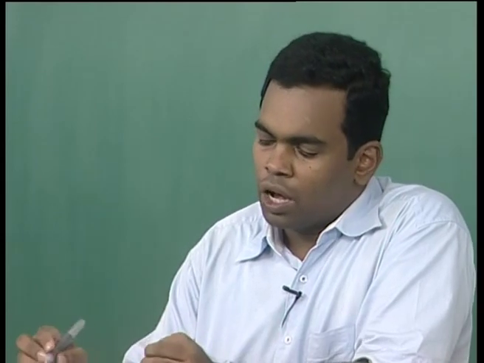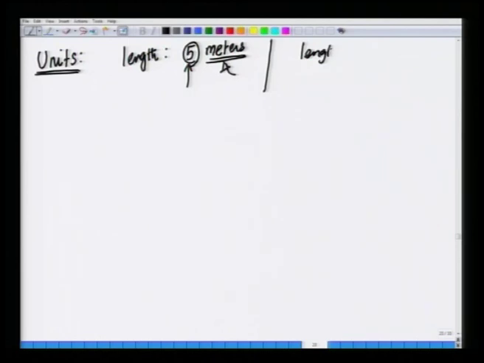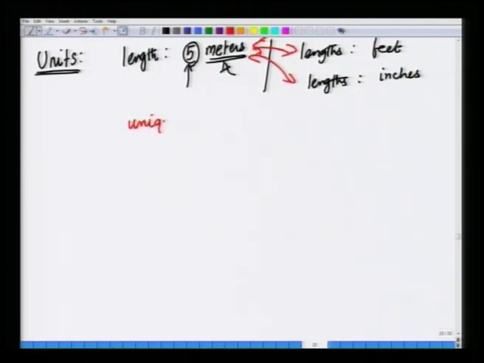Even if somebody measures lengths in feet, and somebody else measures lengths in inches or so on, as long as you can convert from one to another in a unique way, if you have unique conversion rules, that means that you can compare various measurements.